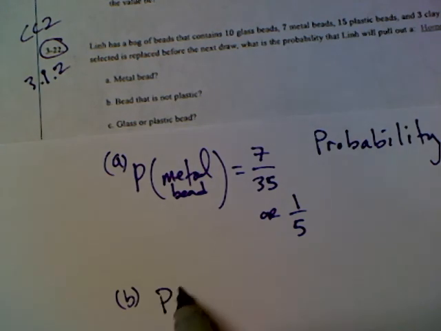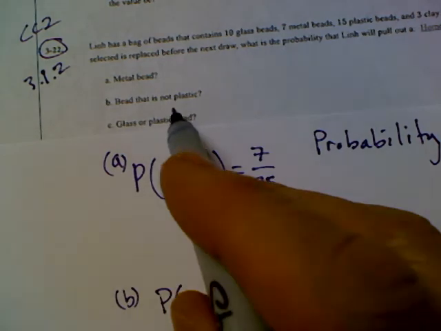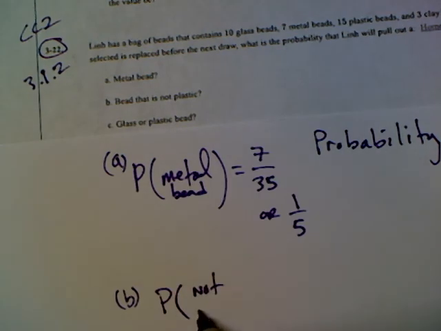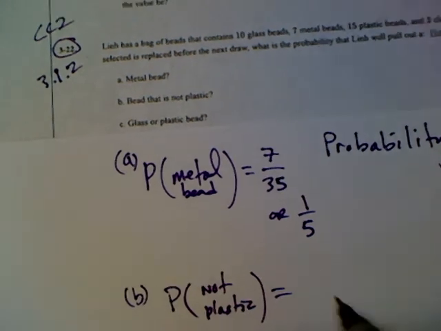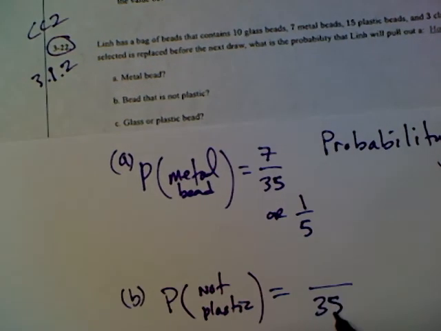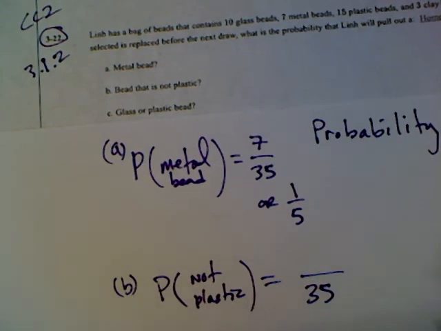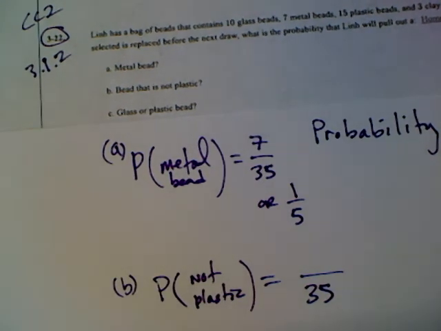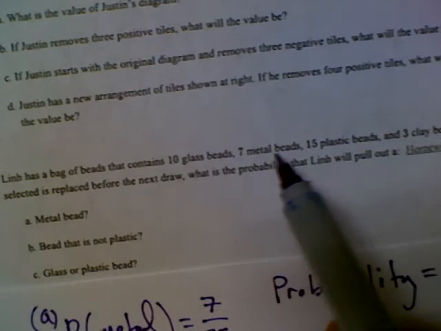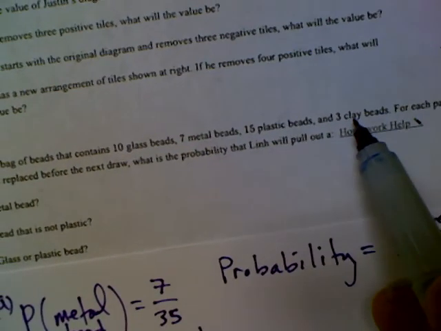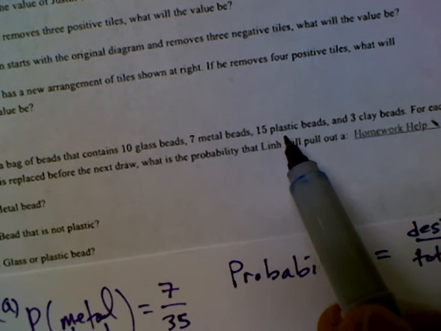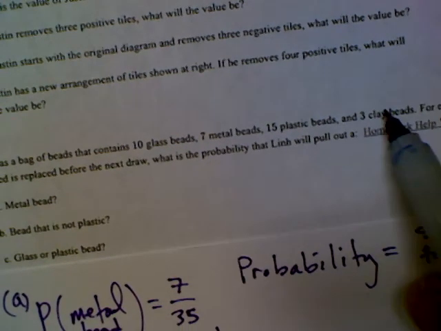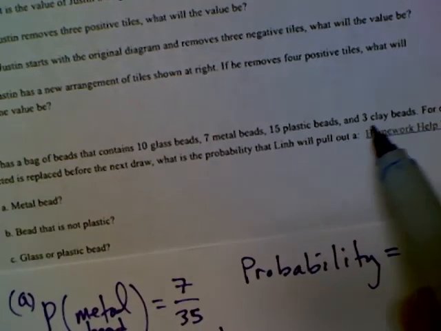So part B says, what's the probability that the bead is not plastic? Okay, so not plastic. All right, so we know for sure it's out of 35 because that's the total beads, because I put back the bead that I chose in A. But not plastic, well, we've got glass, metal, plastic, and clay. So if there's 15 plastic, then the rest are not plastic, right?